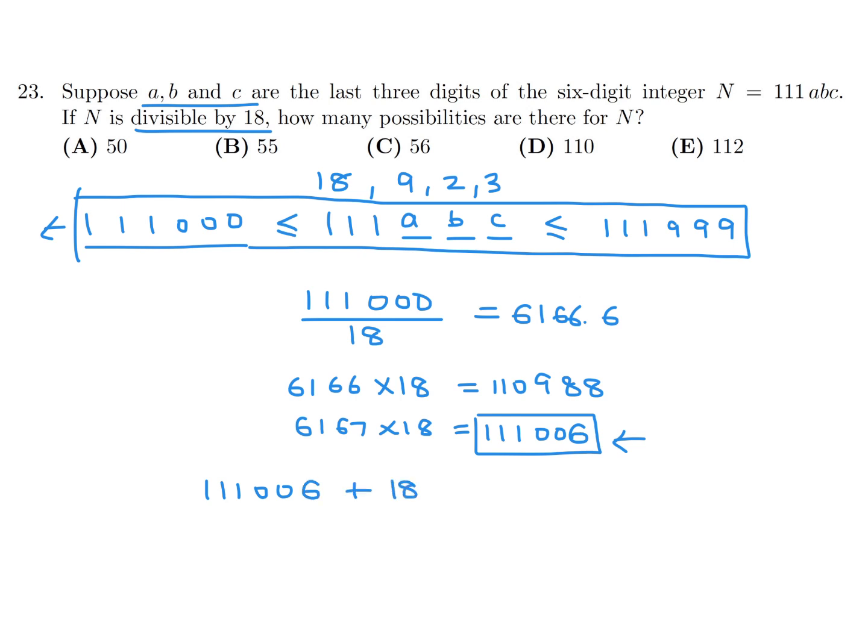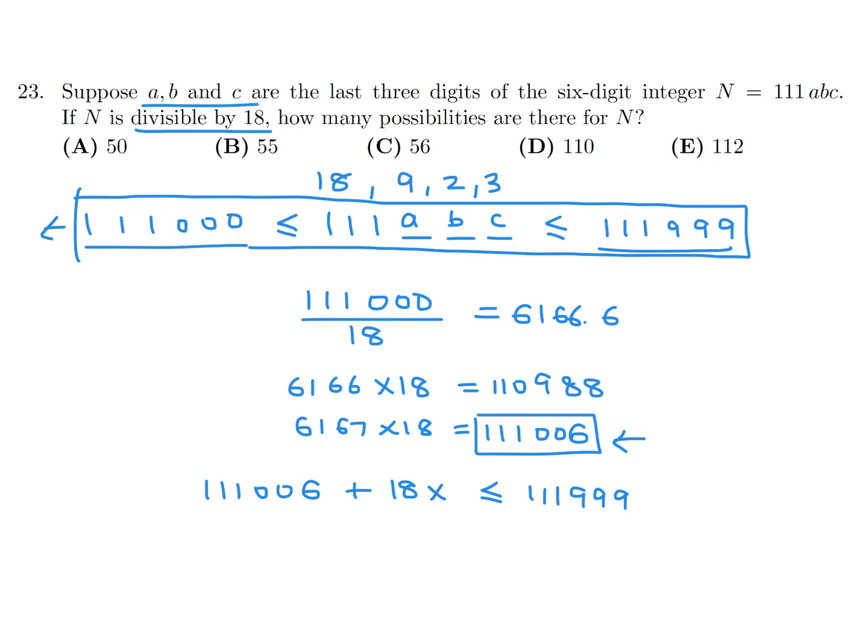Plus a whole bunch of multiples of 18, because remember, it's just going to be plus 18 like that. And that has to be less than or equal to 111999, which is the upper end. And I think that should be good enough to do this question.